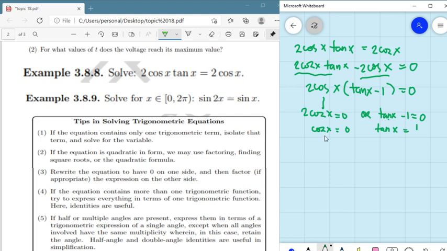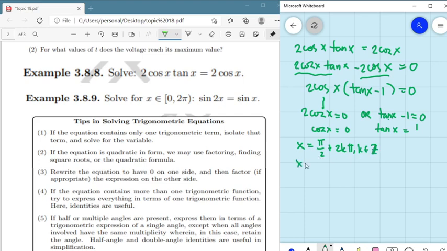So if we are going to analyze, when cosine x equals 0, cosine is 0 at pi over 2, plus 2k pi, wherein k is an element of the integers.